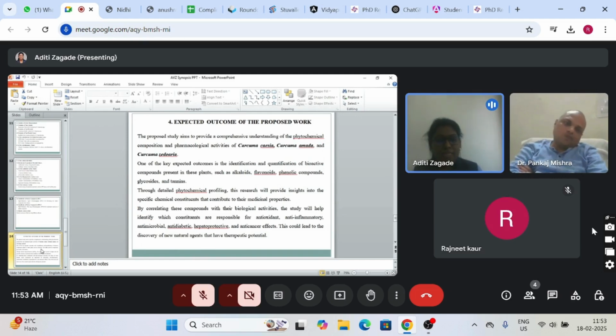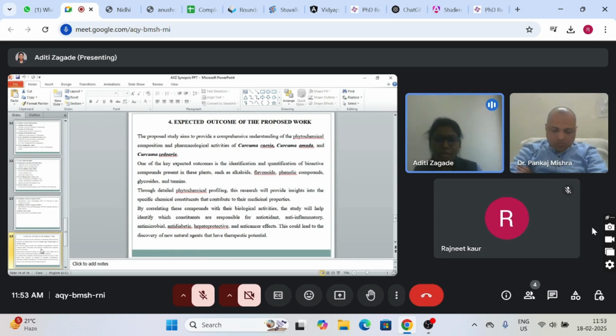By correlating these compounds with the biological activities, the study will help identify which constituents are responsible for antioxidant property, anti-inflammatory, antimicrobial, anti-diabetic, and hepatoprotective activity along with anti-cancer effect.